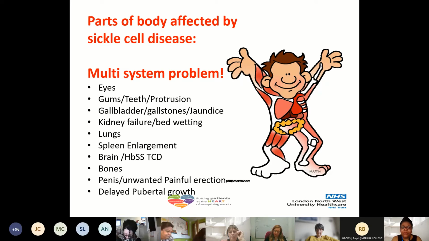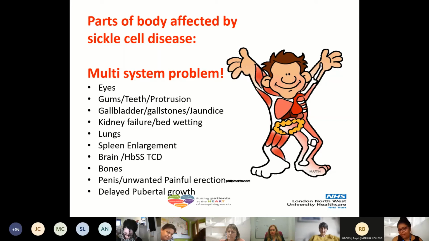Okay, so gallbladder, gallstones. Children and adults can get gallstones, believe it or not. In the old days, because I'm old, they used to say you're fair, fat and 40 to get gallstones, but that's not the case for children with sickle cell, because there's such a high amount of pigment, bilirubin it's called, the bile pigment that gives off a yellowish colour.